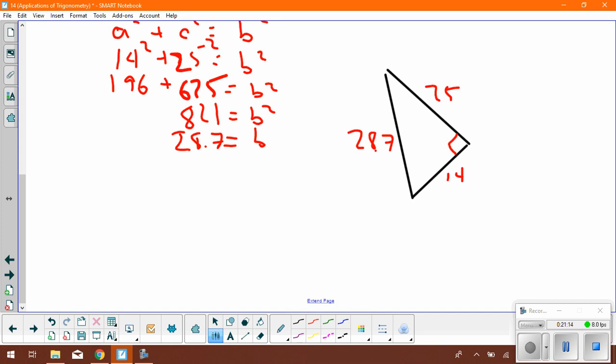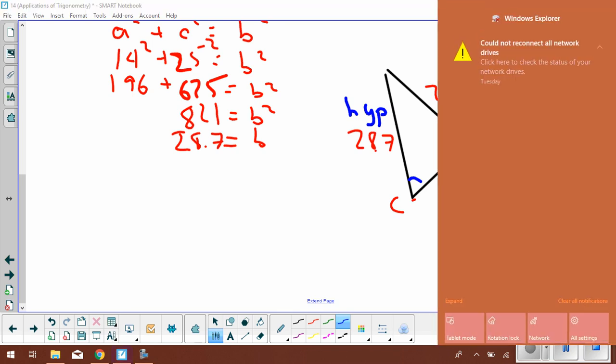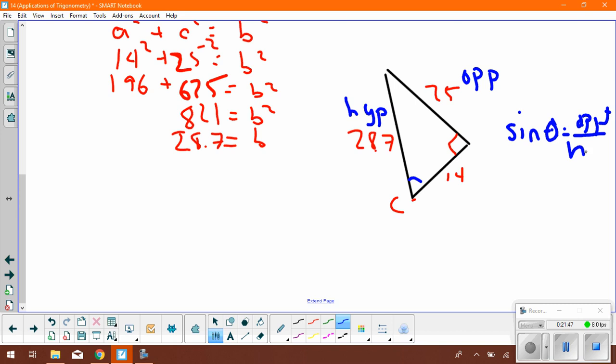So I'm looking for angle C at the bottom, because this is where the boat's traveling from, down here. I can just use something from SOHCAHTOA. I have all my sides, so it doesn't really matter. Let's see, we're going to use sine. This would be our hypotenuse, and this would be my opposite. So sine of my angle is opposite over hypotenuse.